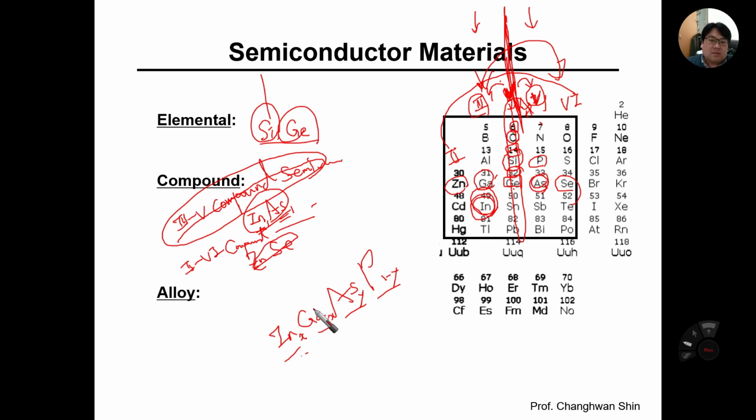And then in terms of alloy semiconductor material, you may wonder how come we cannot mix two atoms both coming from column 4, such as silicon germanium. Well, you're right, it is allowed to mix two atoms both coming from column 4.